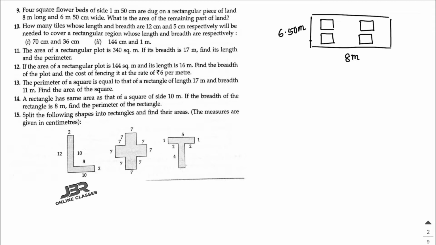Okay, so first you have to find out the area of 4 flower beds, that is equal to 4 into 1.50 square, because the area of the square is side square or side into side.